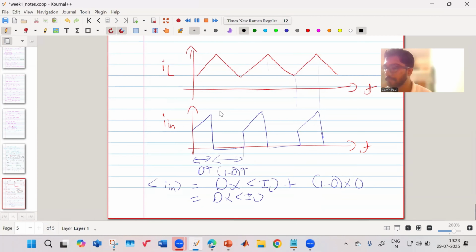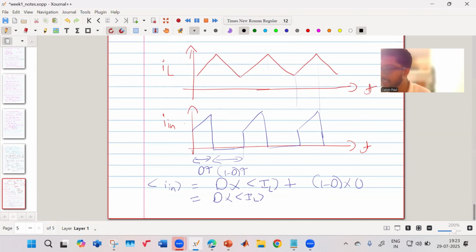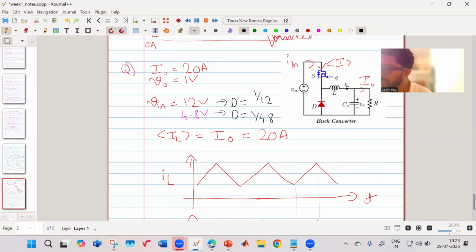So my average current in one case, for the 12 volt case, is 1 by 12 into 20, and for the 4.8 volt case, it is equal to 1 by 4.8 into 20. So can you tell me what the calculated values are?